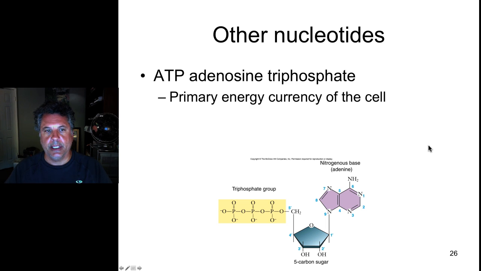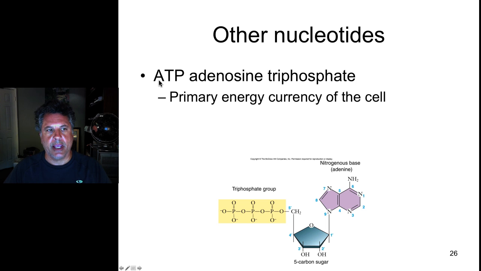There are other nucleotides than the ones found in DNA. For example, ATP, shown here, adenosine rather, which means there is an adenine nitrogenous base, and the -sine implies that there's a sugar attached to that nitrogenous base. So here we have adenosine, adenine plus the ribose sugar. Note that it is not deoxy, and 3 phosphates.